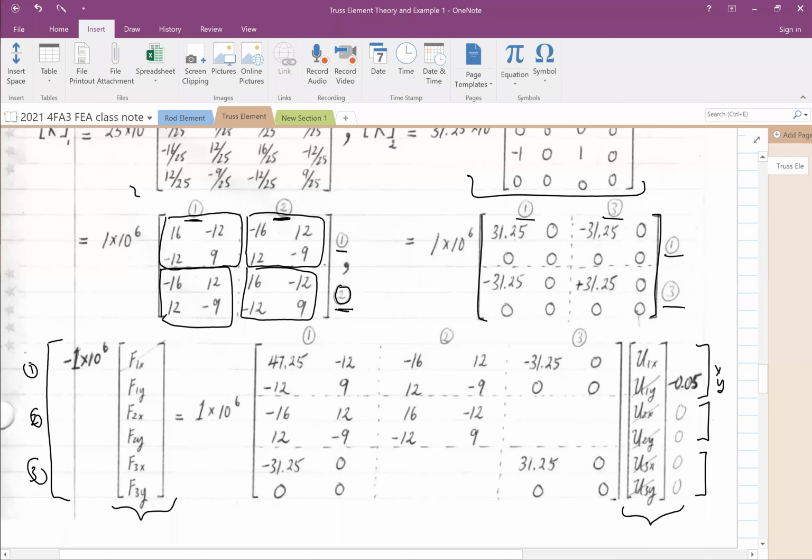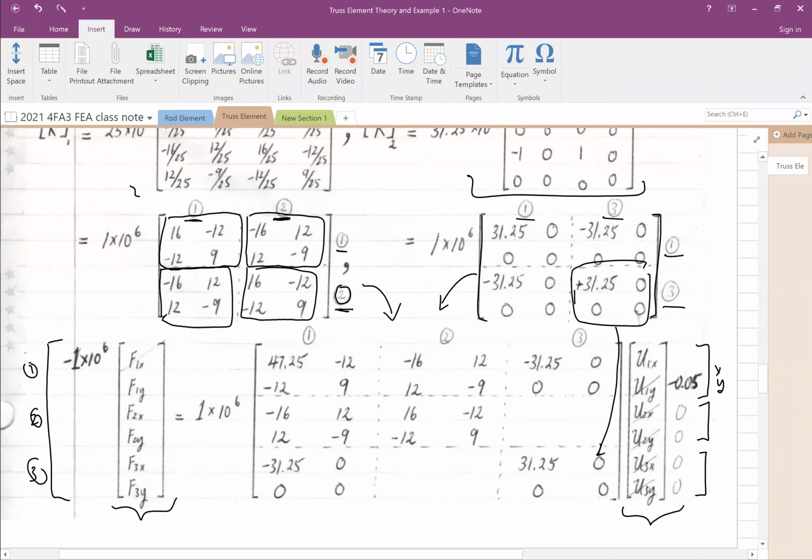Now we put both matrices and combine them together. Many entries are just strict copies. For example, this one, we move everything into here.